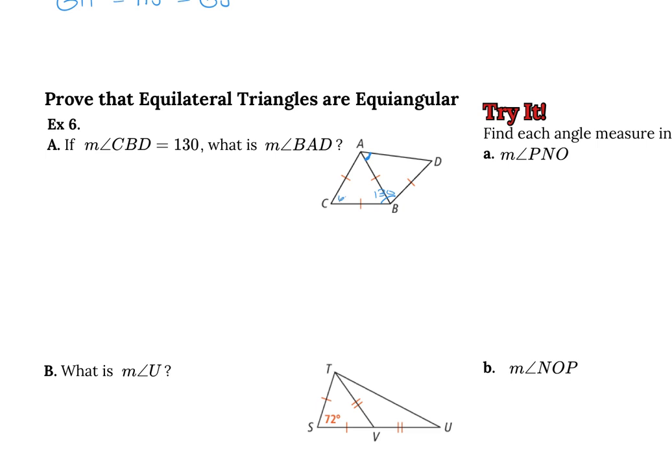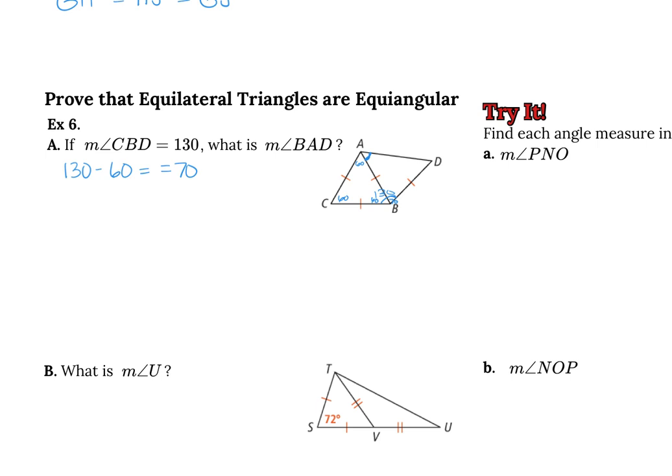So this would be 60, this would be 60, and this portion of that one would be 60. Then I can find the other half of this 130 by subtracting the 60 that I know, which would give me 70 for this other portion. So for ABD, that would be 70.